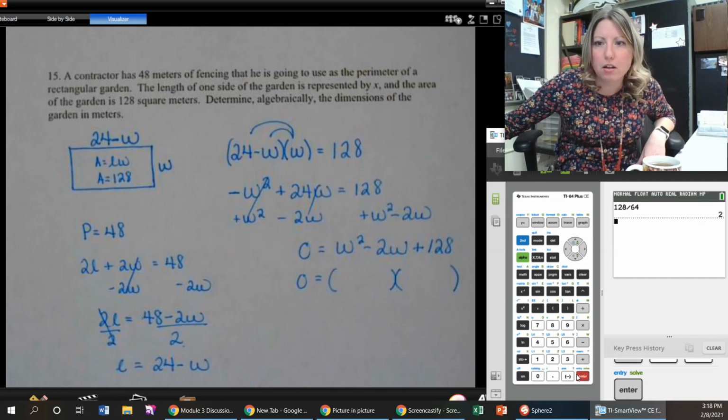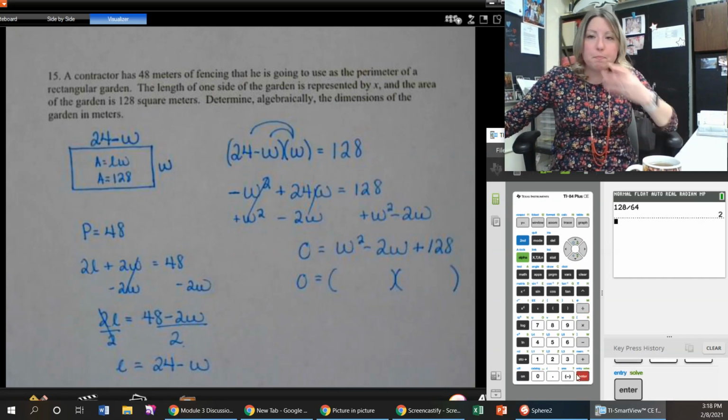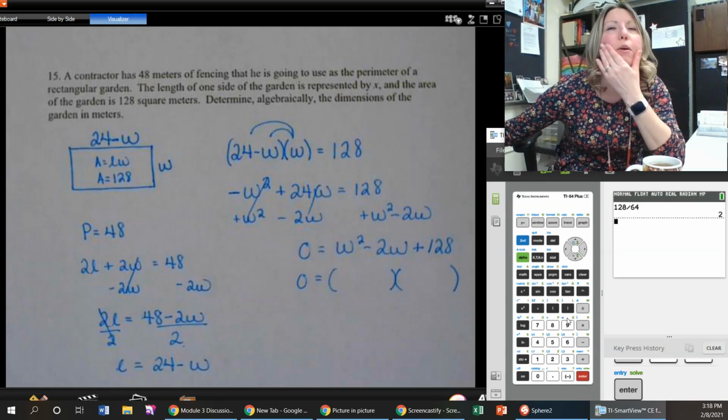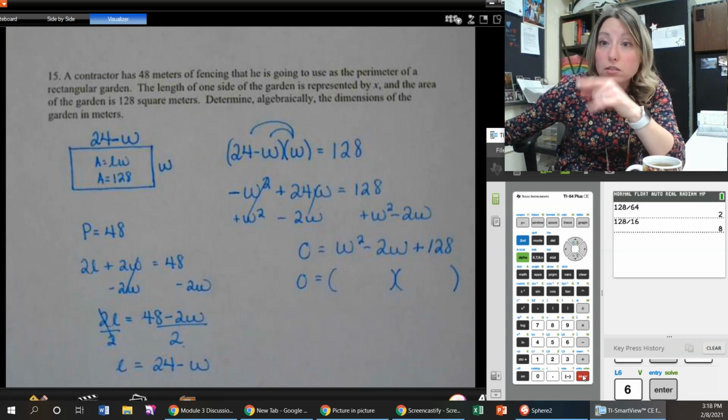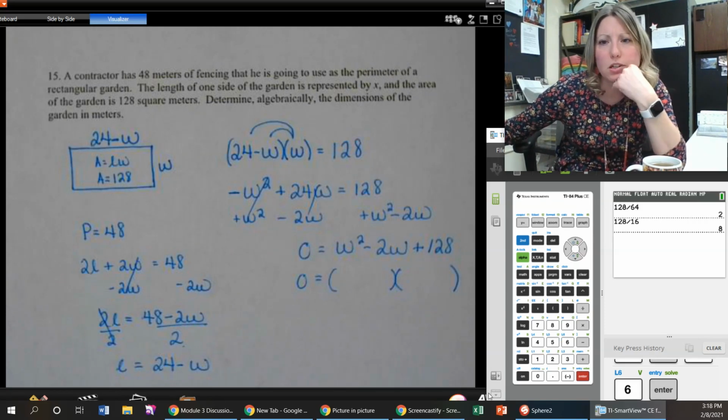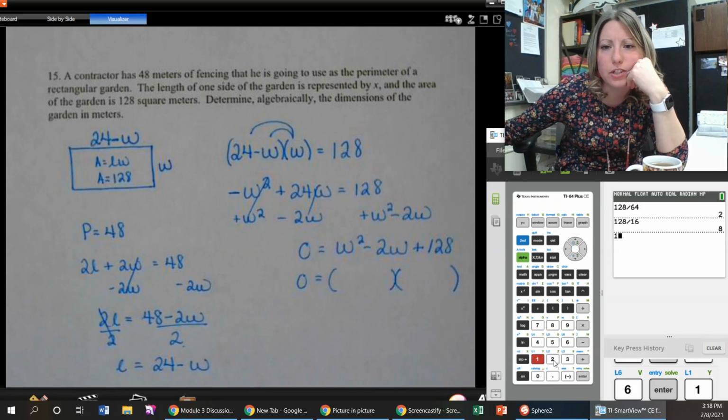Let's see how close we get. Oh, that's far off, right? So we got to get a little bit closer and let's think about some things. It's got to be divisible by 16, right? So 128 divided by 16 is 8. That's closer. Maybe 128 is divisible by 18?